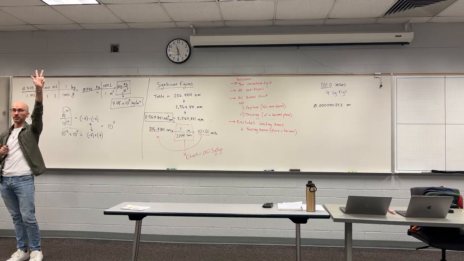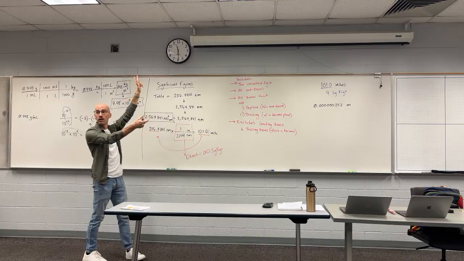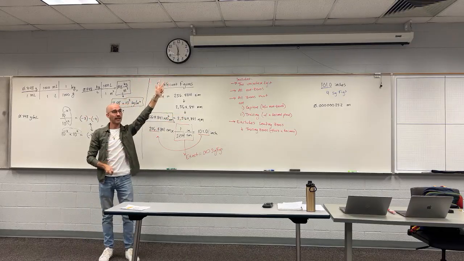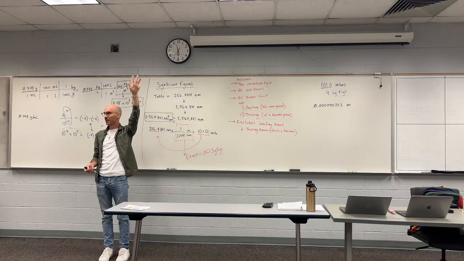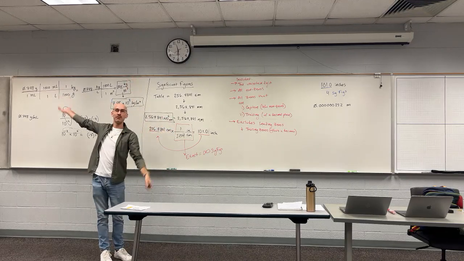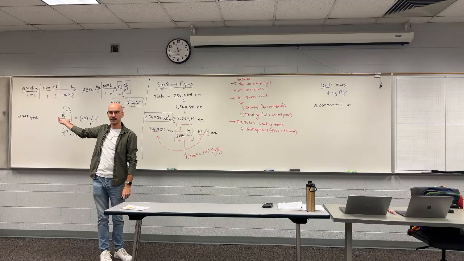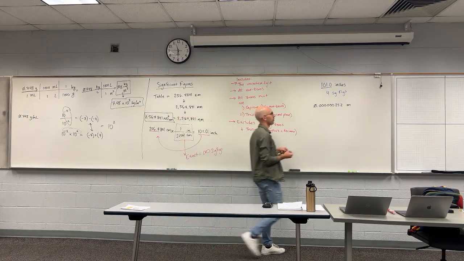No trailing zeros. The last non-zero is 252, and there are no zeros after that. So there are no trailing zeros. How many leading zeros? 7 that are shown, and an infinite number beyond that. So how many sig figs total? Just these 3.